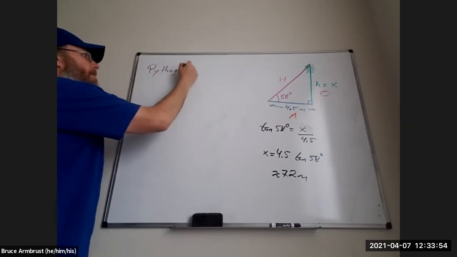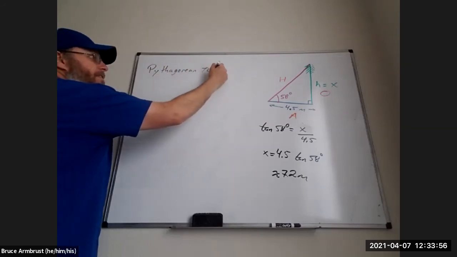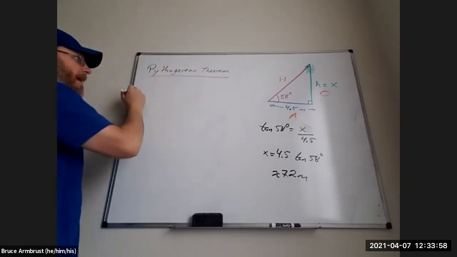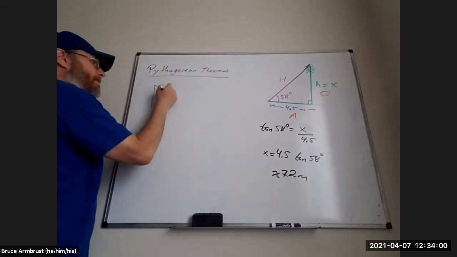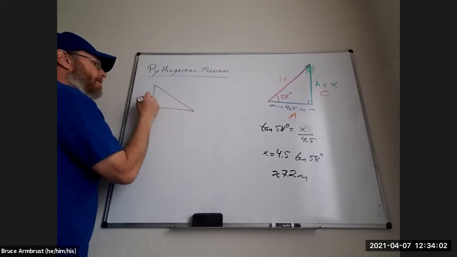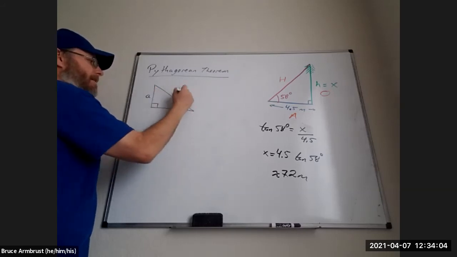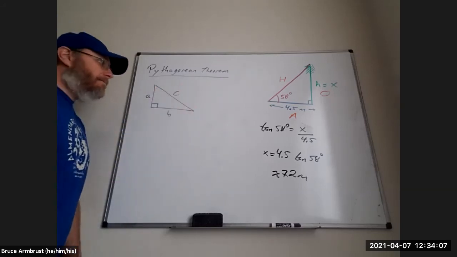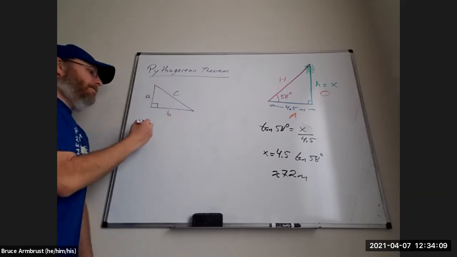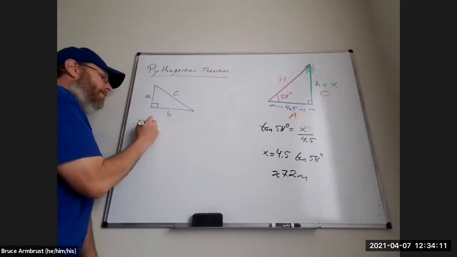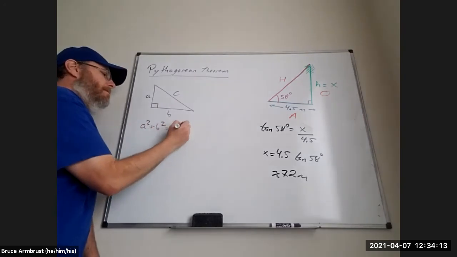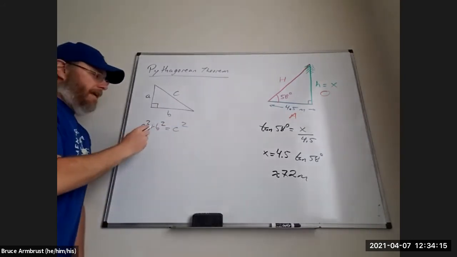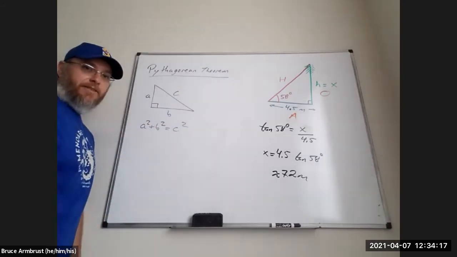But on the off chance that it has slipped through the cracks for you, if you're given a right triangle, and we label these sides lengths a, b, and c, where c is the hypotenuse, then the Pythagorean theorem tells you that there is a relationship between them: a squared plus b squared equals c squared.